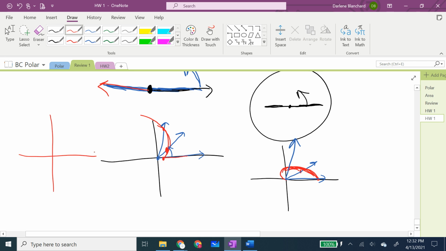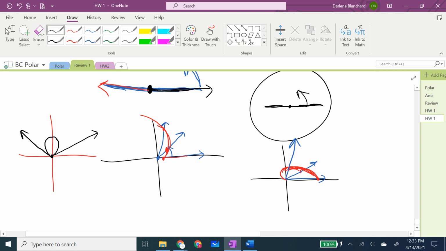So a lot of times your focus is really at what angle does r go from 0 into positive or negative numbers? And then at what angle does it get sucked back in? Those are the angles you want to integrate between when you're trying to find area.